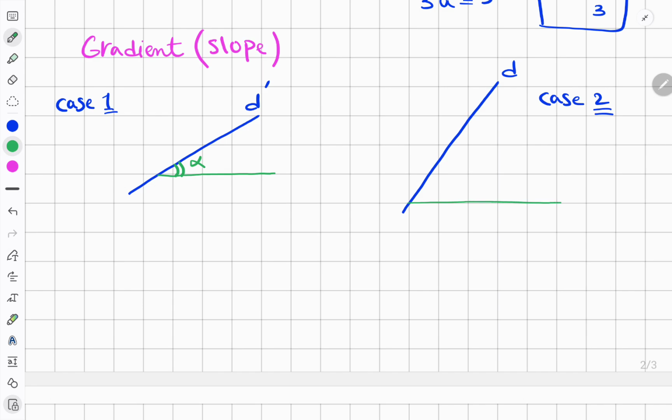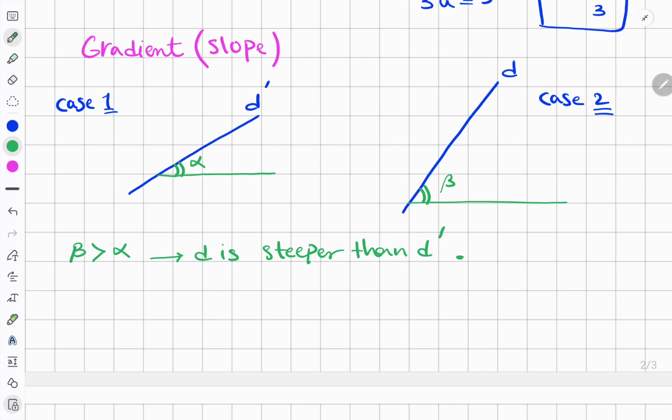And if we draw another horizontal line here, we can make another angle, which is beta. As you can see, the size of angle beta is bigger than alpha, and the steepness of D is larger than the steepness of D prime. In fact, line D is steeper than D prime. So we found that the gradient of line D is larger than the gradient of D prime.